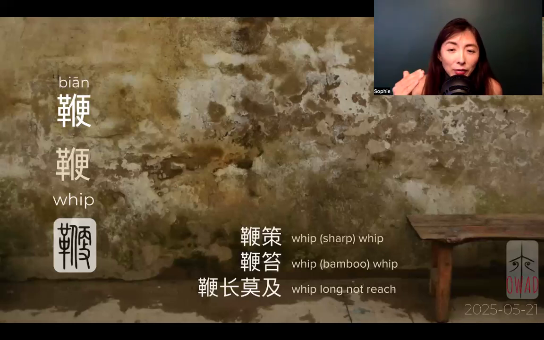So I translated it as whip, sharp whip, to tell you that even if both of them are made of bamboo, they have different connotations. Right now it means the pain-inflicting whip, which is kind of whip plus, enhanced whipping. Okay, connotation-wise, 鞭策 actually means verbally.